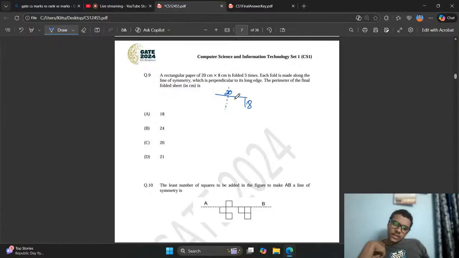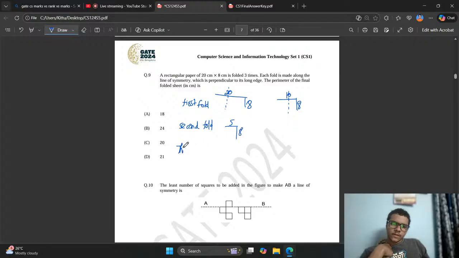Then it will become, first fold, 10 and 8, and second fold, if you fold it like this, it will be 5 times 8, and the third fold, it will be 5 times 4.